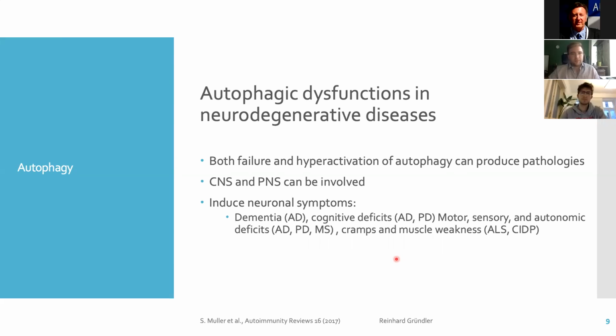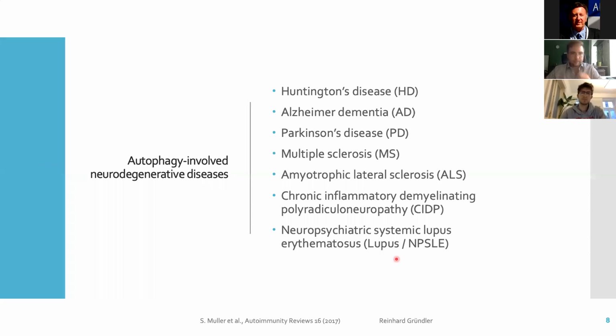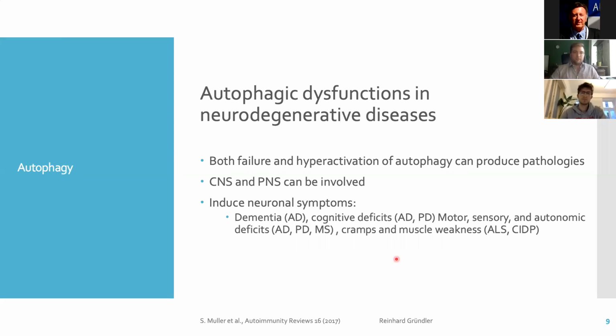Yes, this can occur in the central nervous system and the peripheral nervous system, as ALS, you saw it on the other slide, is a disease in which the peripheral nervous system is involved.